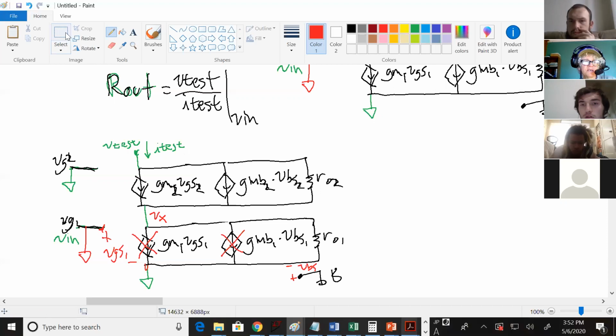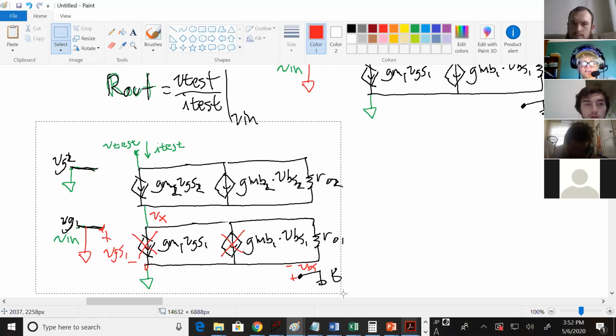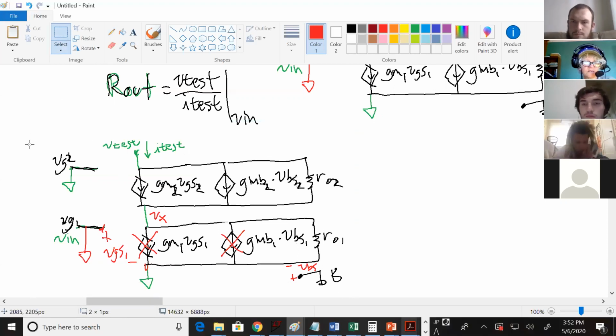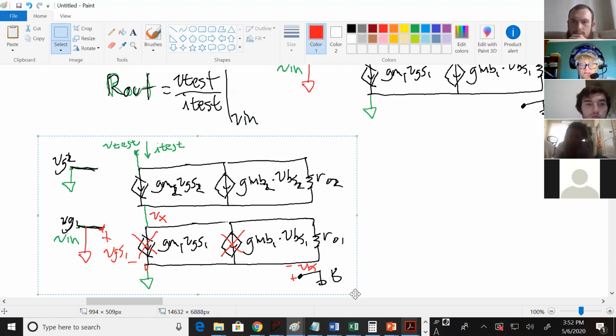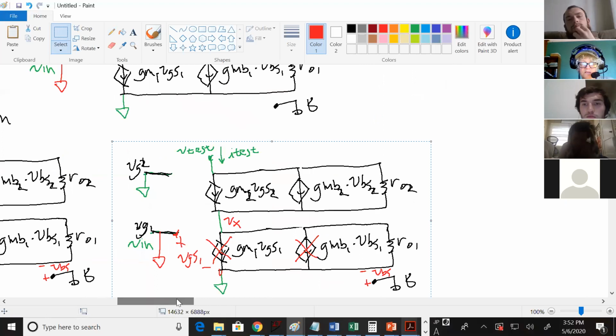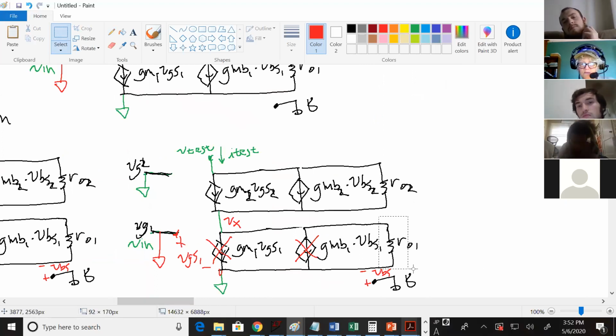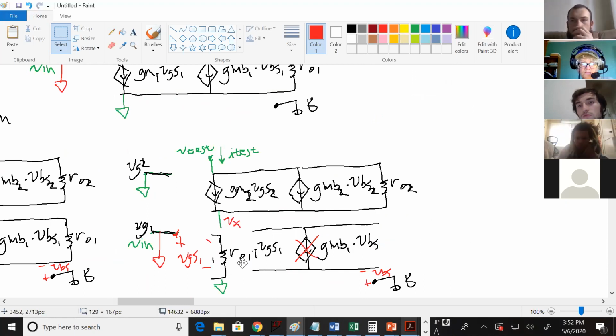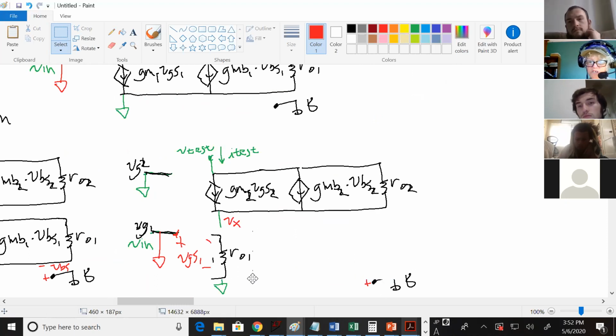So I'd be lazy. Now I can get rid of this. I don't need the bulk voltage anymore because I got rid of VBS.